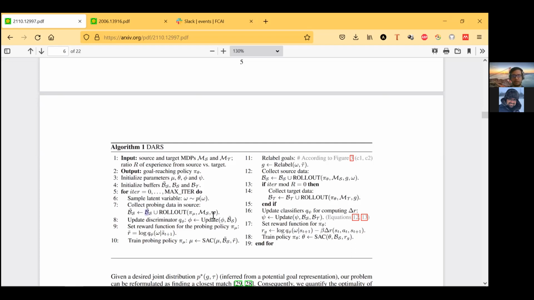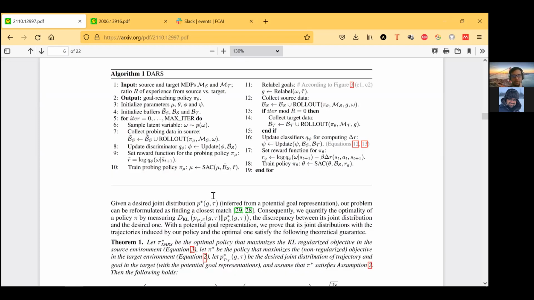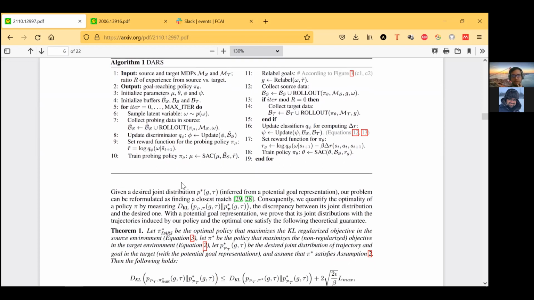So in this data set you have trajectories and omegas, and you try to predict omegas from states. And then this q phi will give you the reward, as we said. This approximates the part of the mutual information that says that the trajectories are recognizable, that they can help you predict the goal.